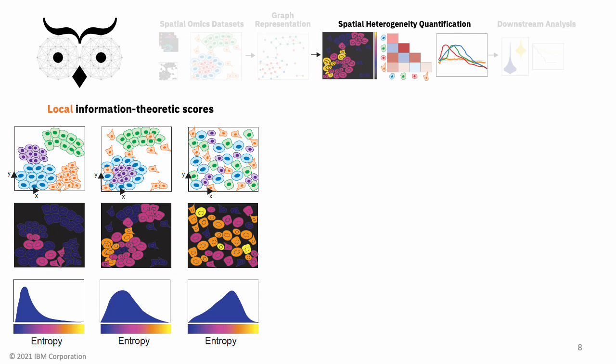This is also reflected in these histograms at the bottom of the single cell entropy values, where in the case where the environment is very homogeneous, the left-hand side example, the distribution is skewed towards low values, and in the example where the cells are intermixed, the distribution is more skewed towards high values.